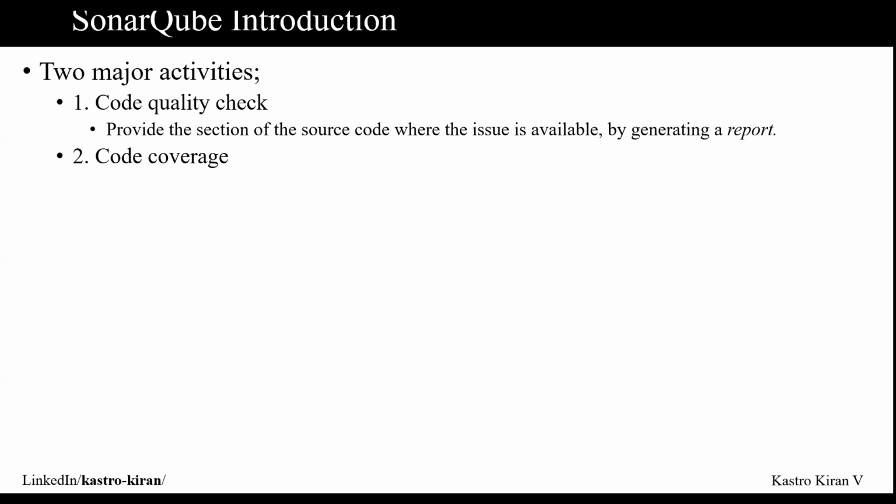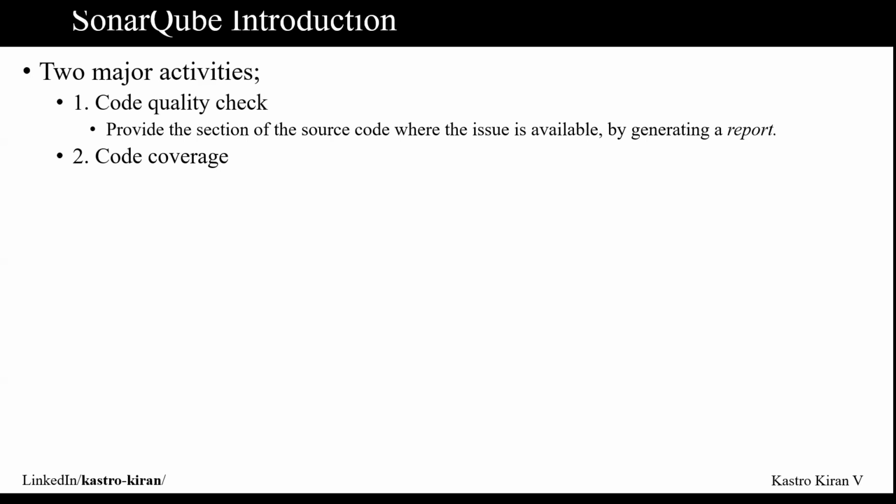Each piece of code will have some test cases or test suites as well. While running those test cases or test suites, how much of the code is covered? That's called code coverage. If you have written 1,000 lines of code, how much of it is covered by the test cases?